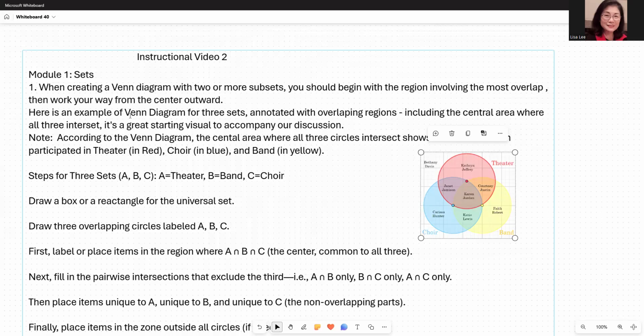Here is an example of the Venn diagram for 3 sets annotated with overlapping regions, including the central area where all 3 intersect. It's a great starting visual to accompany our discussion.